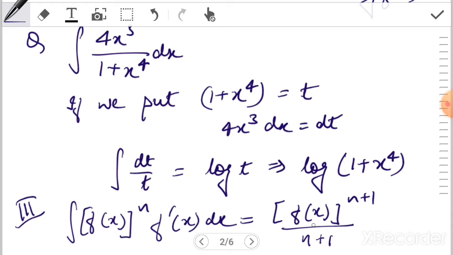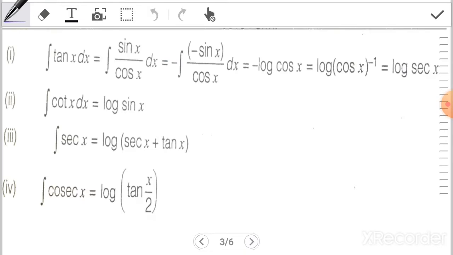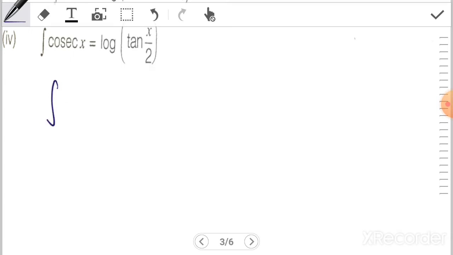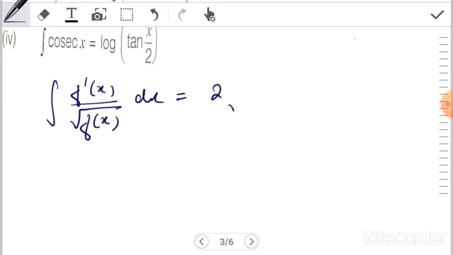So put f(x) is equal to t and proceed. Okay. Similarly, it can be proved that integral f dash(x) by root under f(x) dx is equal to 2 root under f(x). Okay.